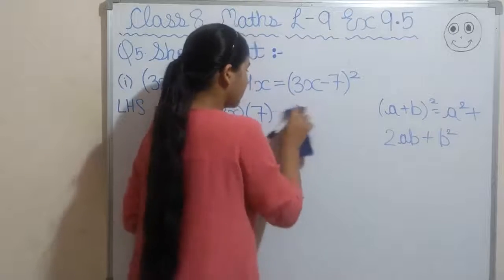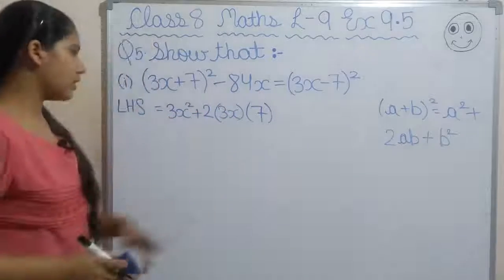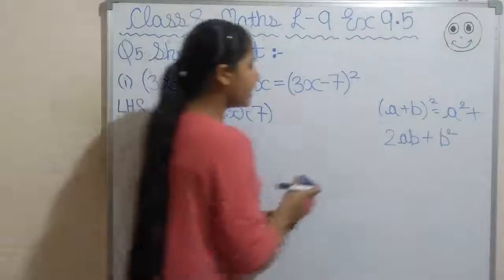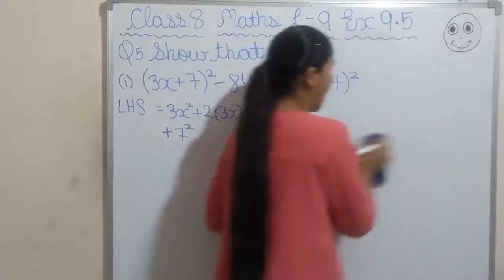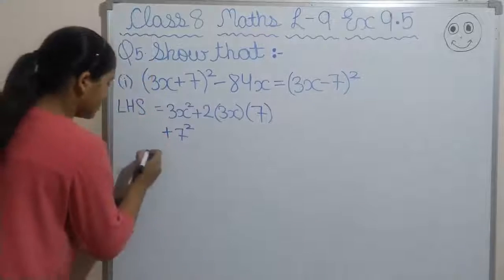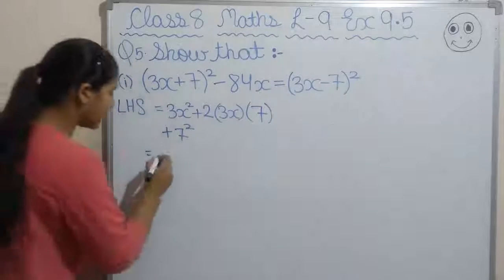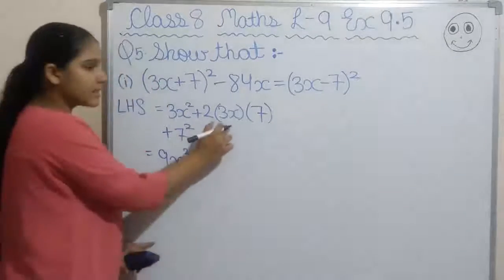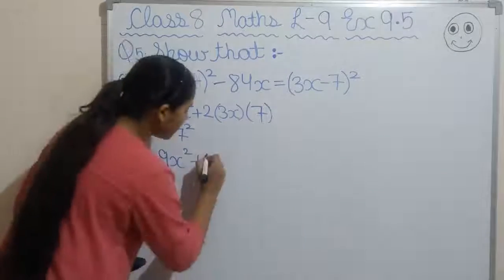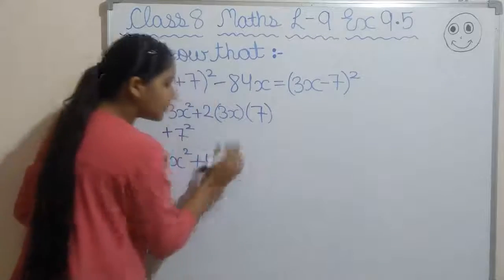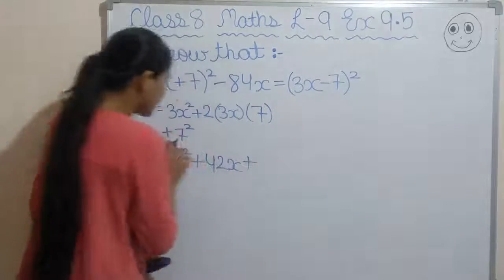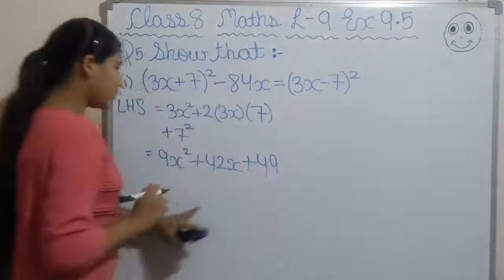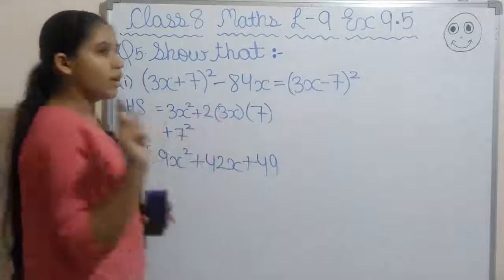So (3x) square means 3 3s are 9, 9x square, plus 2 3s are 6, 6 7s are 42, 42x, then plus 7 square means 7 7s are 49. So 49.